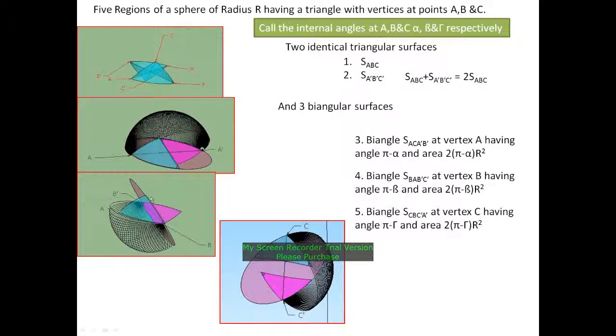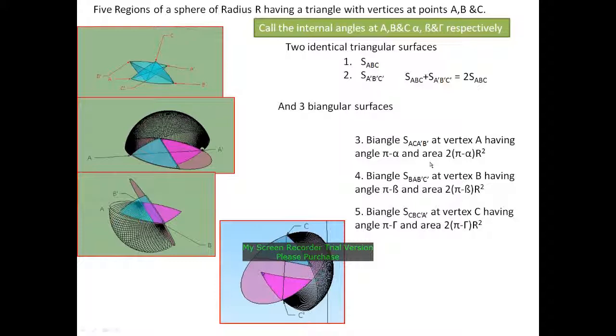And then we get 3 biangular regions which cover the remainder of the sphere. The biangle AC, that's the biangle at A, AC, A prime, B prime, at vertex A, having angle pi minus alpha. Alpha is the internal angle at A. So we just call the internal angles at the triangle vertices A, B, and C, alpha, beta, and gamma. Sorry, sometimes I use capital gamma, sometimes I use small gamma.